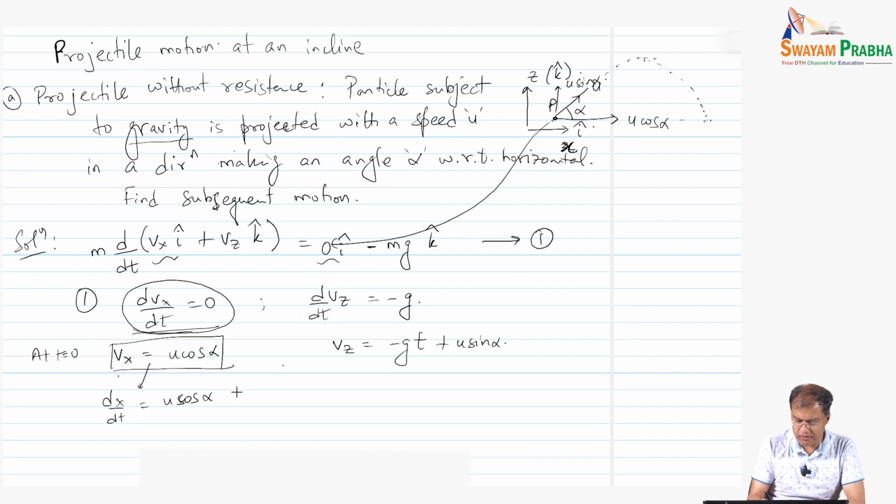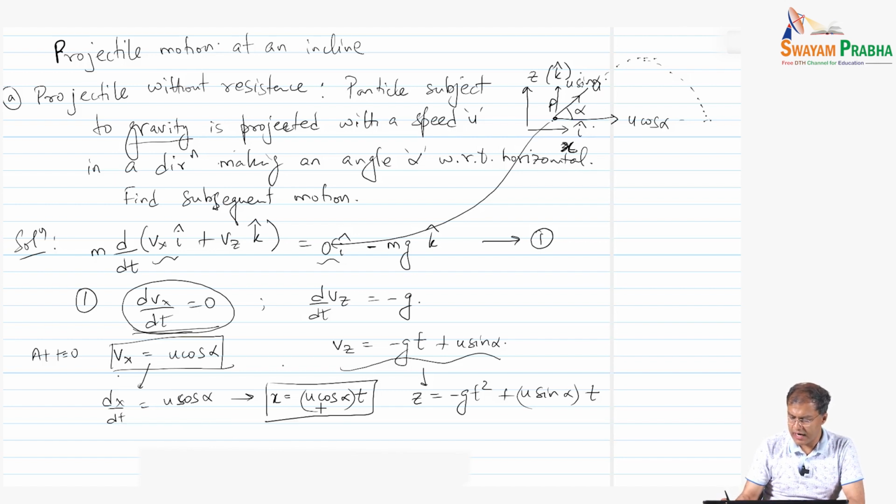So we see that x is u cos alpha times t, and from here we see that z is minus half g t squared plus u sin alpha times t, and the constant of integration in both cases will be 0, because at t equal to 0 both the x and z components of the position are at the origin of the system.